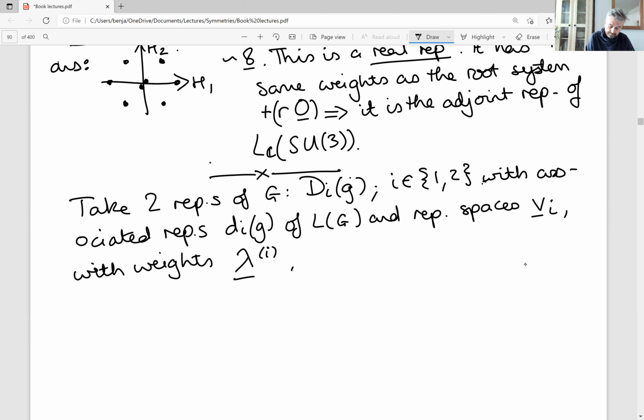So in other words, we have that d_i of H_j acting on V_i is lambda_j^i acting on V_i. All right, so now consider a general element of the Cartan subalgebra.